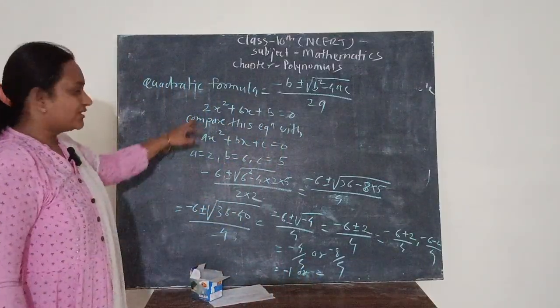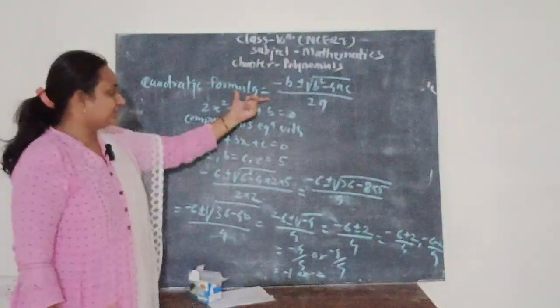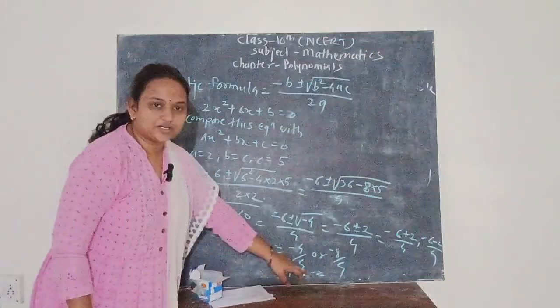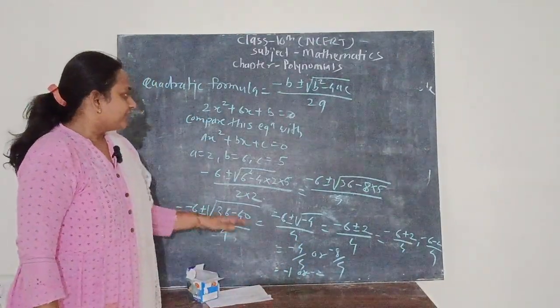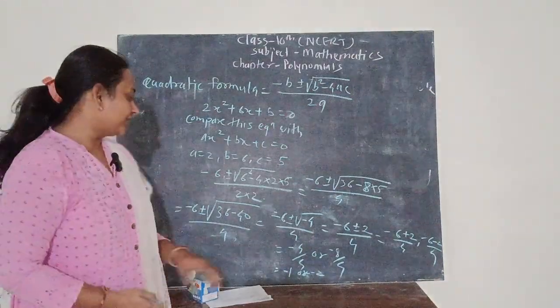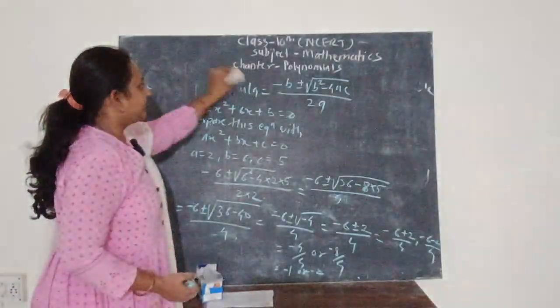It means that by solving the equation with this formula, we get the value of x as minus 1 or minus 2. You can solve this problem by this method also. You prefer the method which is easy for you.